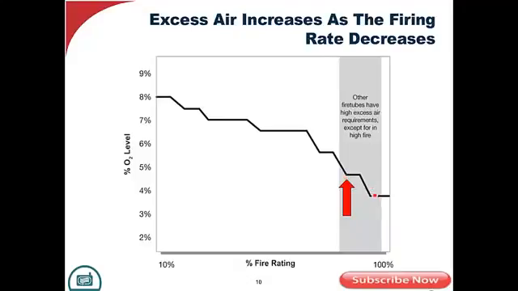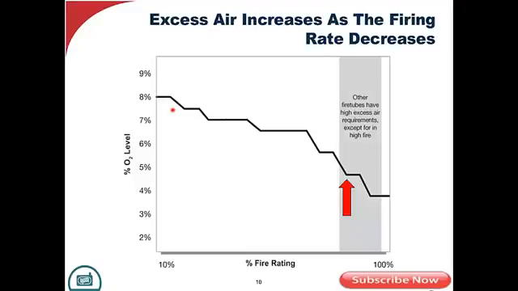There's also boilers out there today that'll be able to hold pretty close to that 3%, even in this operating range. Now, this operating range of 60 to 70% gets very, very important as we talk about something else a little bit later. So keep that in mind. But the main thing to realize here is that as you decrease in firing rate, the amount of excess air will increase.